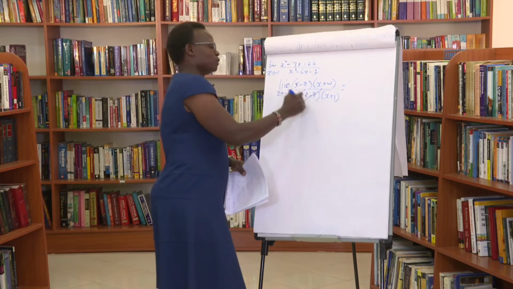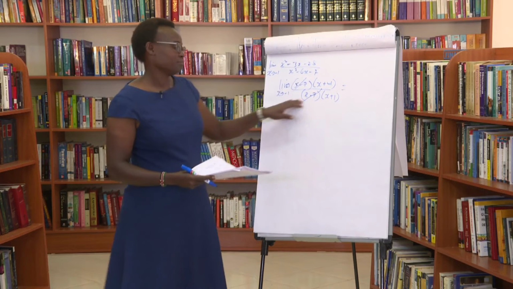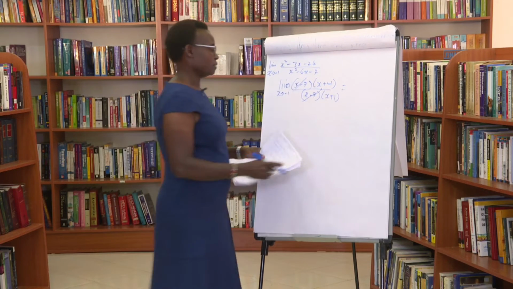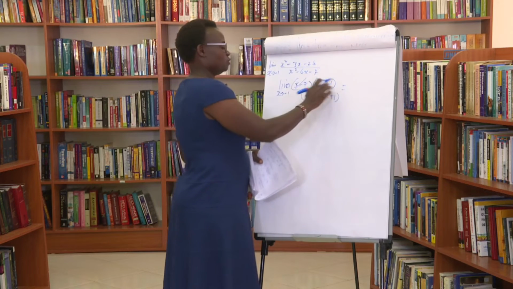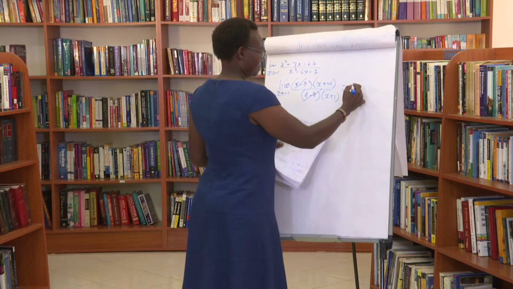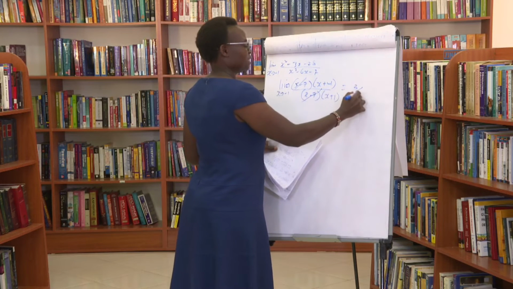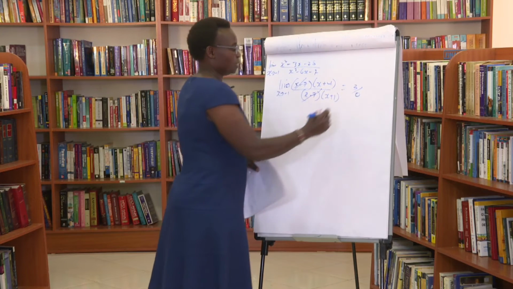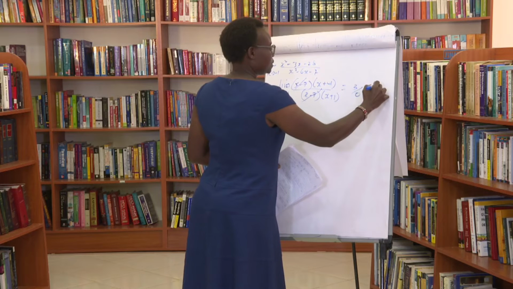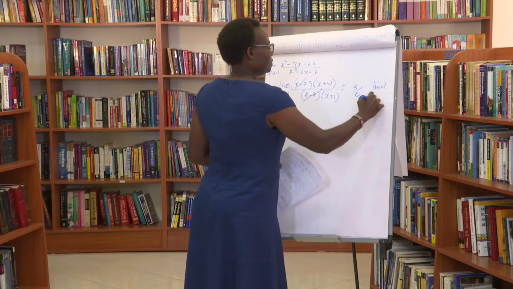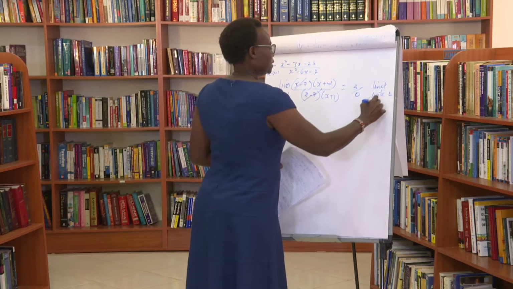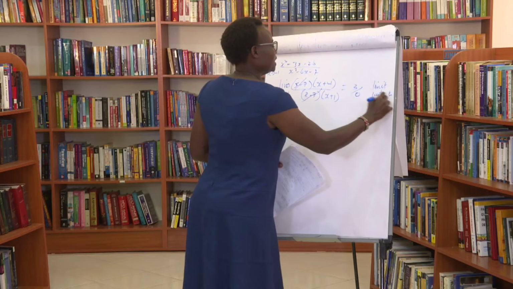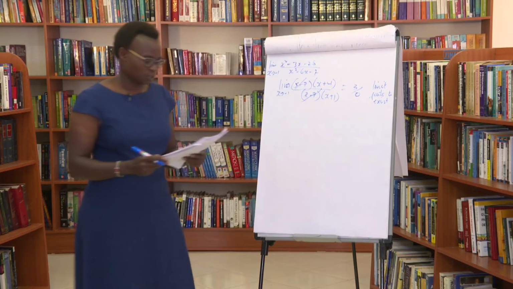This one is cancelled with this one, but still you can see that this one will give us -1 minus 4, while this one will still give us 0. So the limit fails to exist, or the limit does not exist, either of the two.